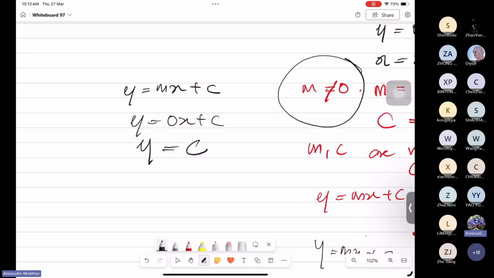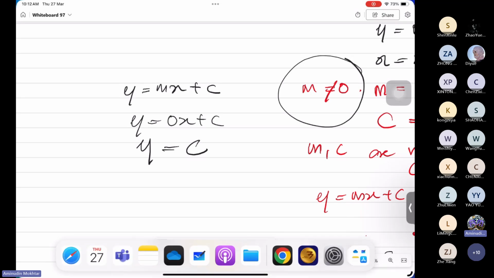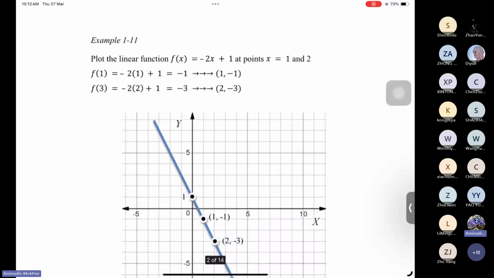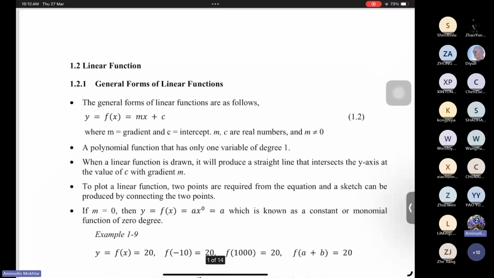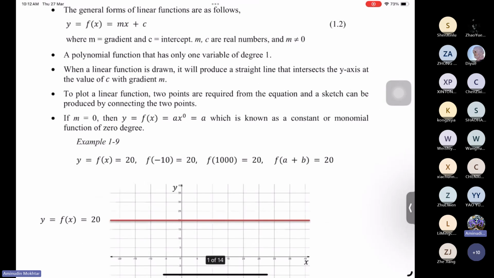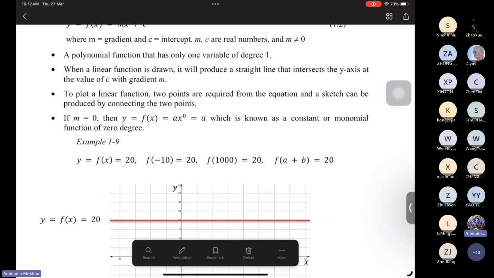So when m equals 0, the function is not a linear function anymore. We can say it is a constant or monomial function when m equals 0.